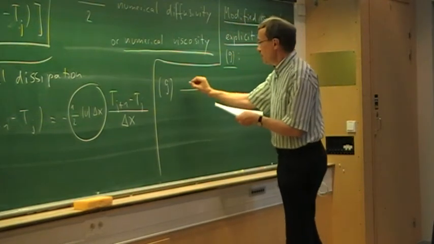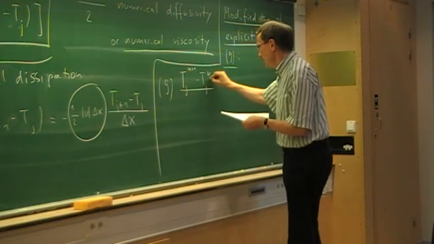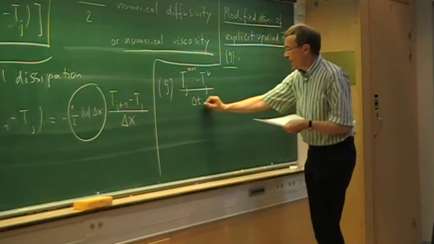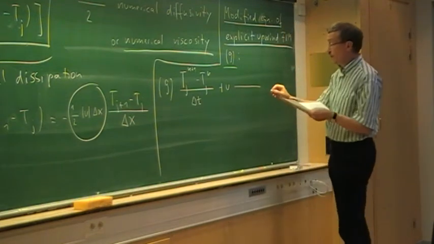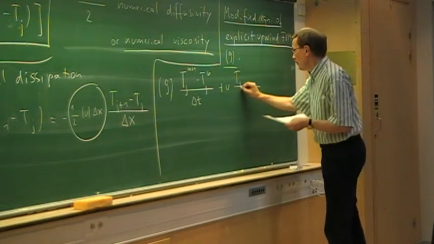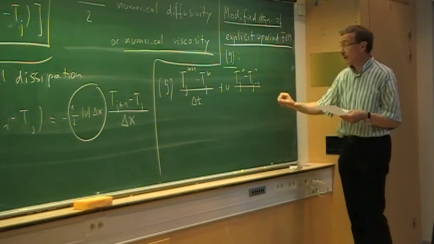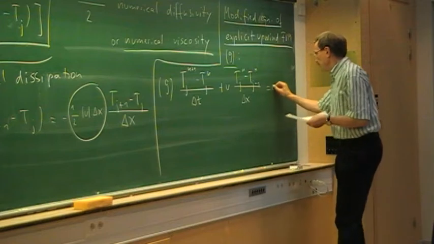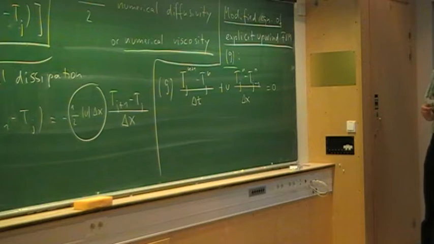We have the time discretization, Tj^(n+1) minus Tj^n divided by delta t, the time step size. And we have u positive, and then we take the difference to the left, Tj^n minus T(j-1)^n from the side where the wind is coming from, divided by delta x is equal to 0. So that is the equation that we want to analyze.